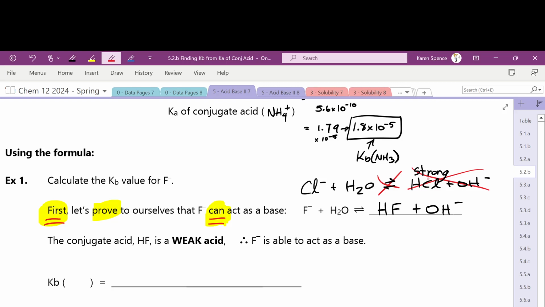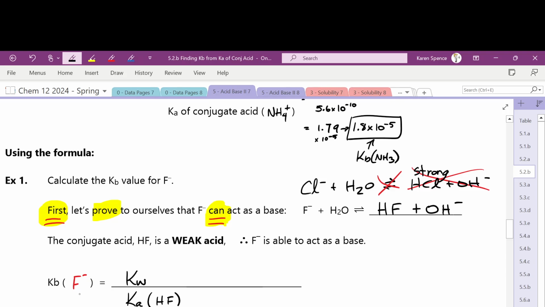Okay, so we are finding Kb of F minus, which is equal to Kw over Ka of the conjugate acid. And one way to do that is just to write the conjugate acid down there. That's your conjugate acid. So you don't have to write out the whole word conjugate acid. You can just actually write the species there.